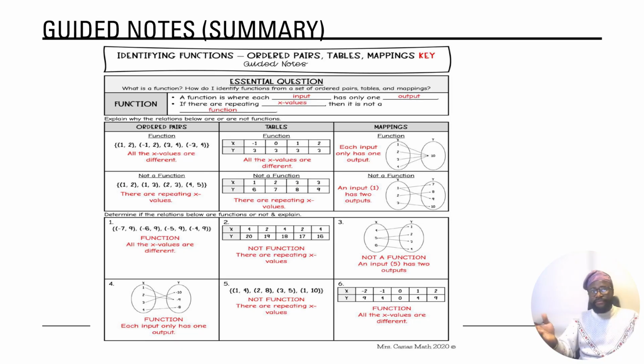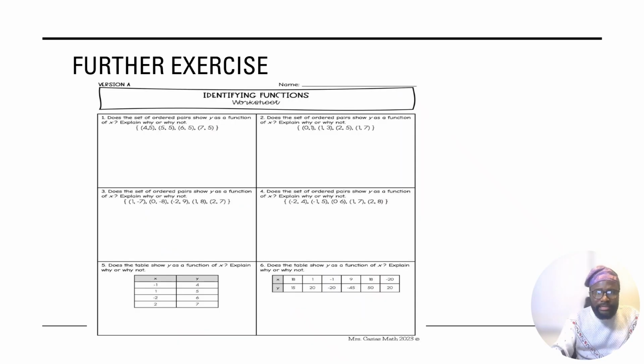The guided notes. I have everything well stated there: a function, how to recognize the function from other pairs, table, mapping. It's a very summarized note for you, which I believe is going to be helpful. And then this further exercise, if you would, at your leisure, you could get this done.